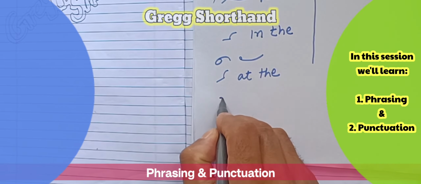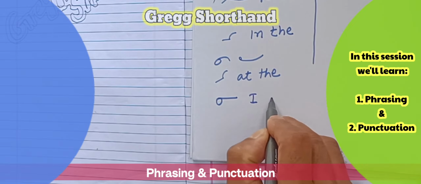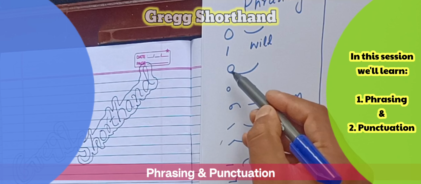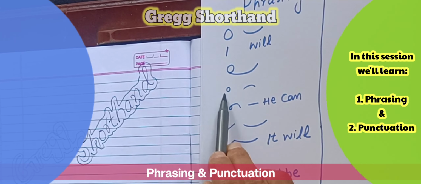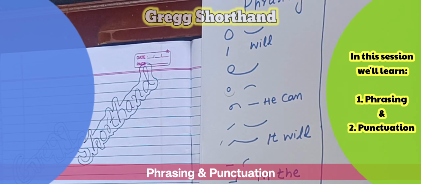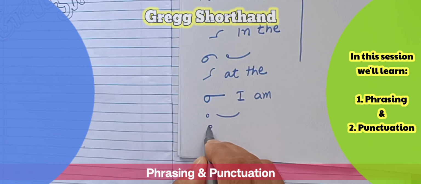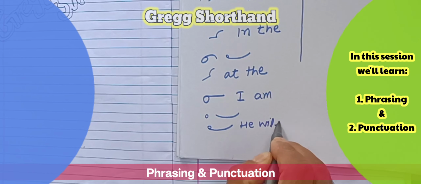I am. This is I am. What about he will? This is I will. How do we write he will? You know now. This is he and this is will, so we can write he will. Okay, so this is called phrasing.